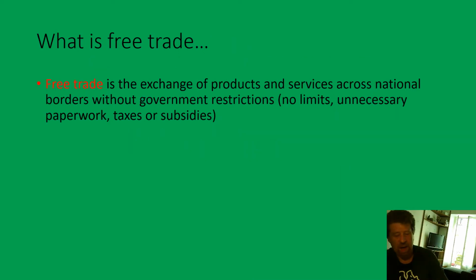Okay, so what is free trade? First of all, free trade, we're going to define it. It's the exchange of products or services across national borders without any restrictions. So we're not talking about any barriers. These barriers we know can be in the form of bureaucracy like paperwork. Countries use bureaucracy as a means of stopping imports, maybe, or even health and safety.